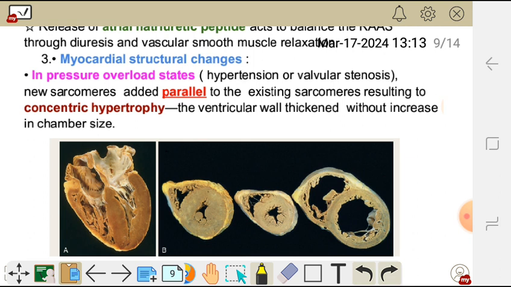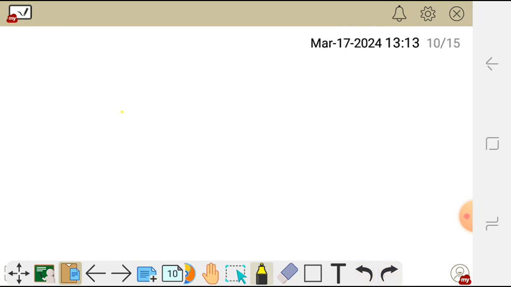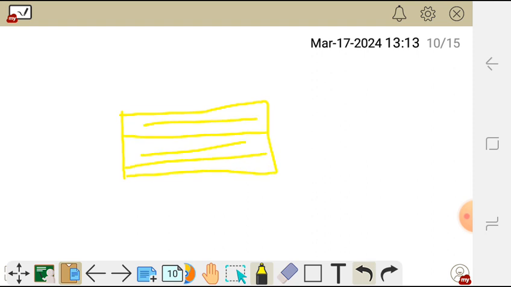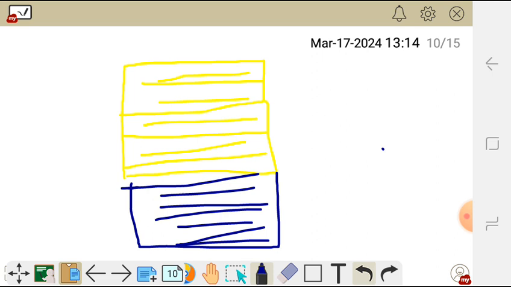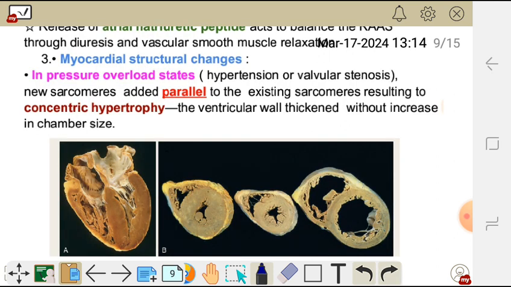For example, if you have a sarcomere here, and if the pressure increases, another one will be added this side, just like that, parallel to each other. A sarcomere is simply a contractile unit of the muscle, so they'll be added parallel to each other. That is in pressure overload state.